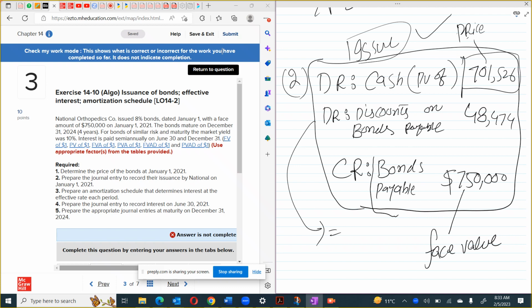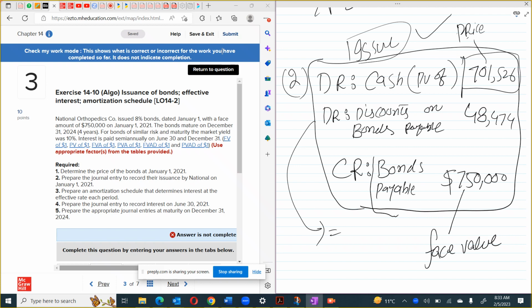Done. Now, second thing, we will record this amount at issuance. How will you record this amount at issuance? Remember, you will debit cash with the present value, and you will credit the bonds payable.